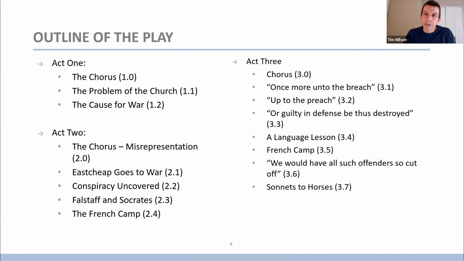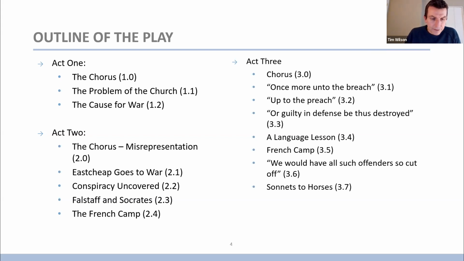Maybe I'll be married off to this other king. And she asks to be taught some English by her maid Alice, and some comic mispronunciations of the words happen there. Some comedy in terms of how Catherine feels that some of the English words sound like French swear words.